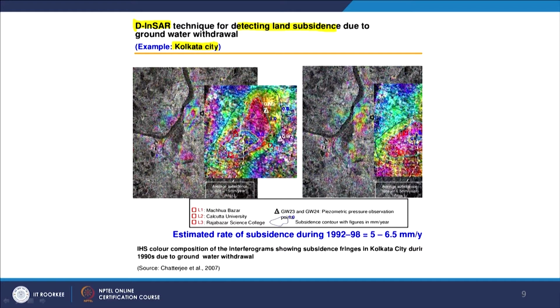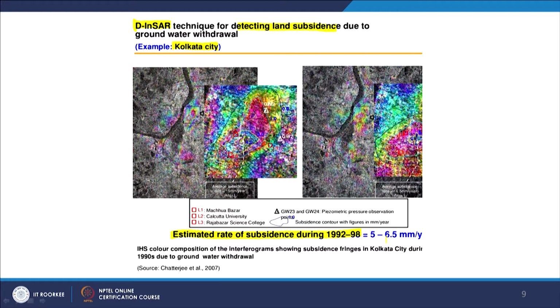But nonetheless, the estimated rate of subsidence during 1992 to 98 was between 5 millimeter and 6.5 millimeter, observed over those 6 years.